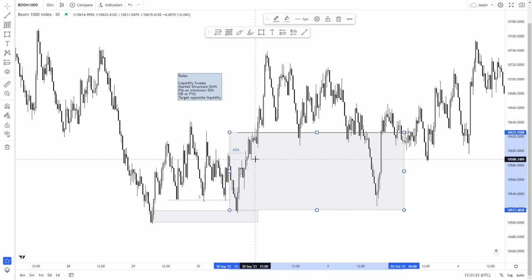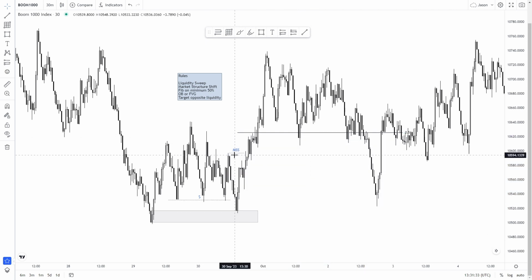I like to choose the one where the impulse move started from, the one that broke the structure, the one that created the market structure shift. So if I take the one that's the most probability trade for me, it's going to be this bottom one.